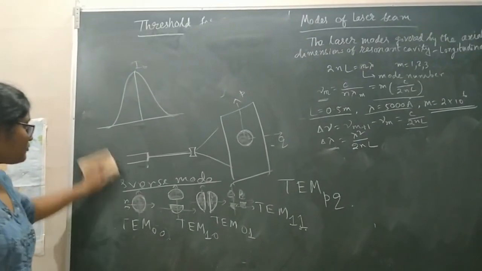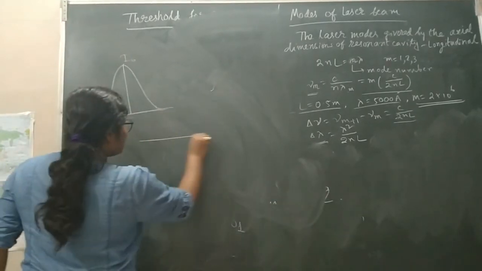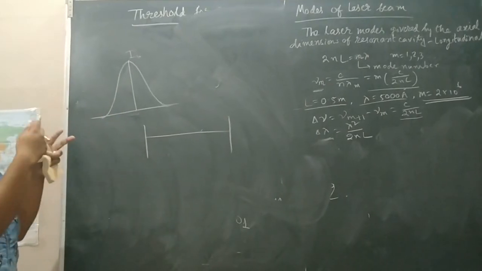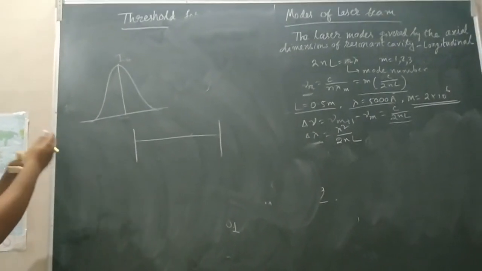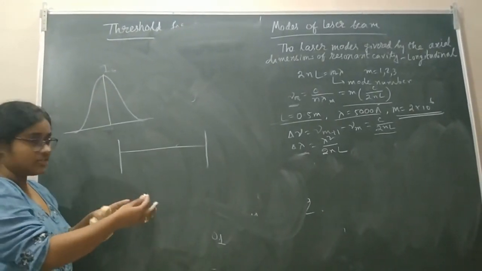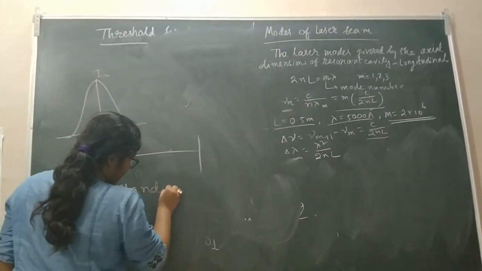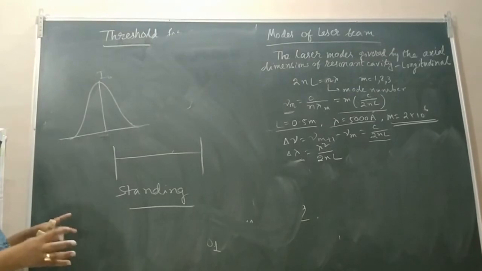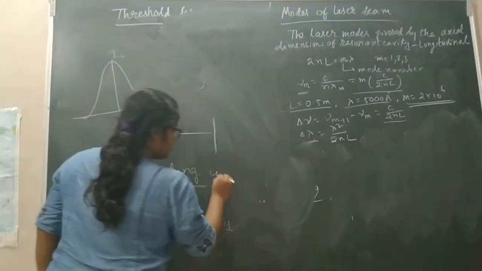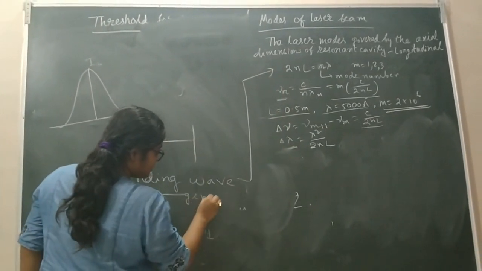Another important thing that I forgot to mention about the longitudinal modes is that there are mirrors, and this is the formula. Only those modes will develop that satisfy the constructive interference condition and generate a standing wave, because you can consider it like a plucked string, so you will get standing waves. So this condition is the condition for standing wave generation.